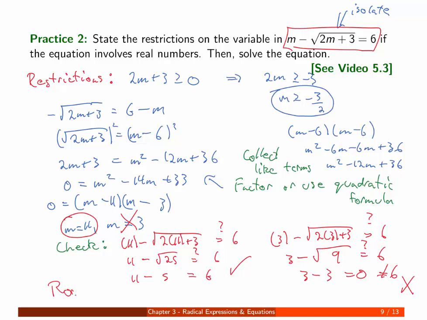So the root is m equals 11. And that's it. The other one's an extraneous root, and this root arose from that step, because the equation does not have a square in it. However, to rearrange it in a form that you can get a solution to, you introduced this square, which will produce another root, which is an extraneous root.